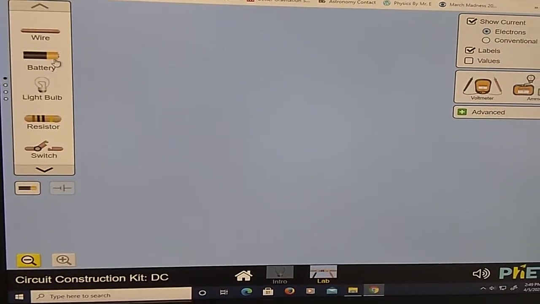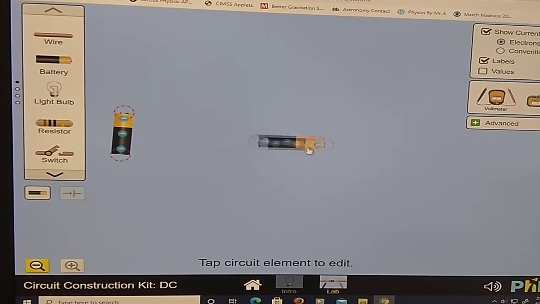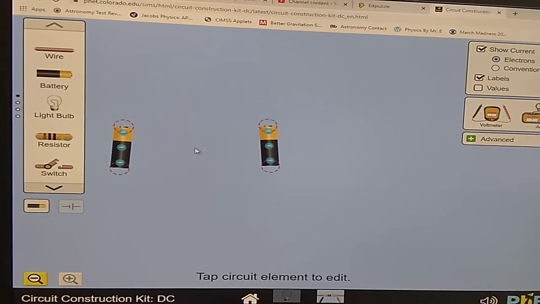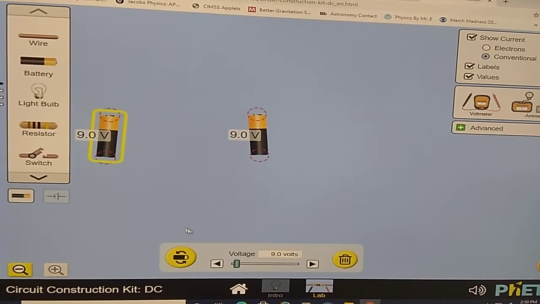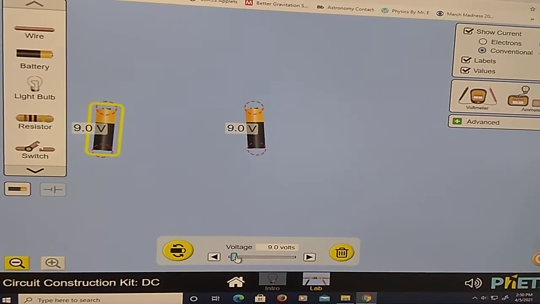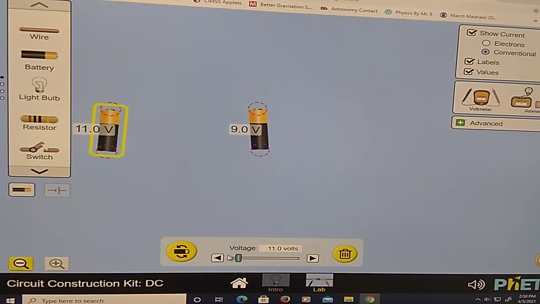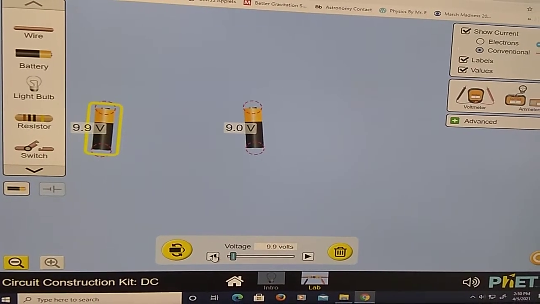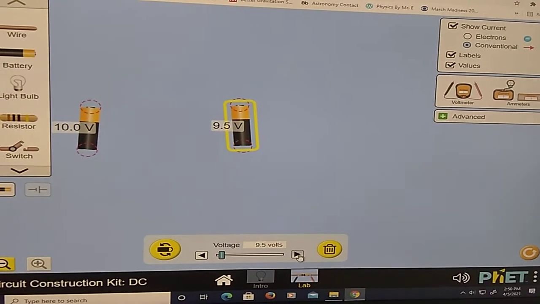We're going to build this real quick in the simulation. So I'm going to get a battery. I'm going to get 2 batteries actually. They're both going to be 10-volt batteries. Let's check values, conventional. Same thing over here.